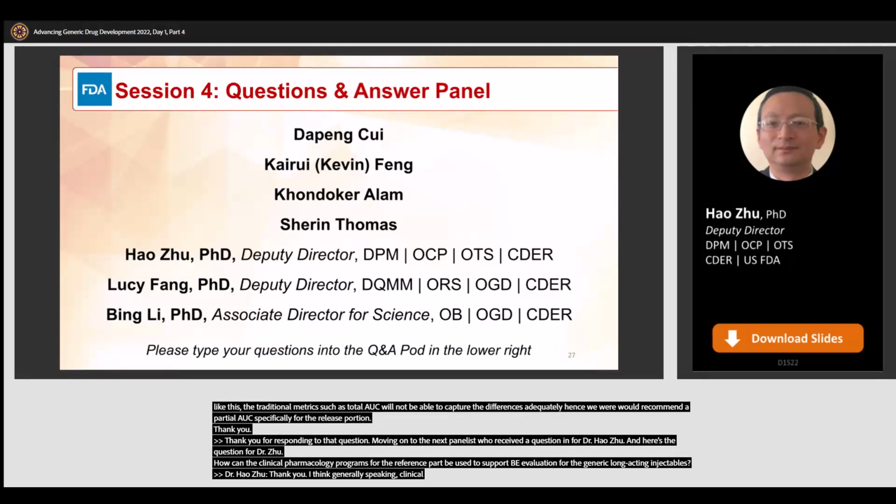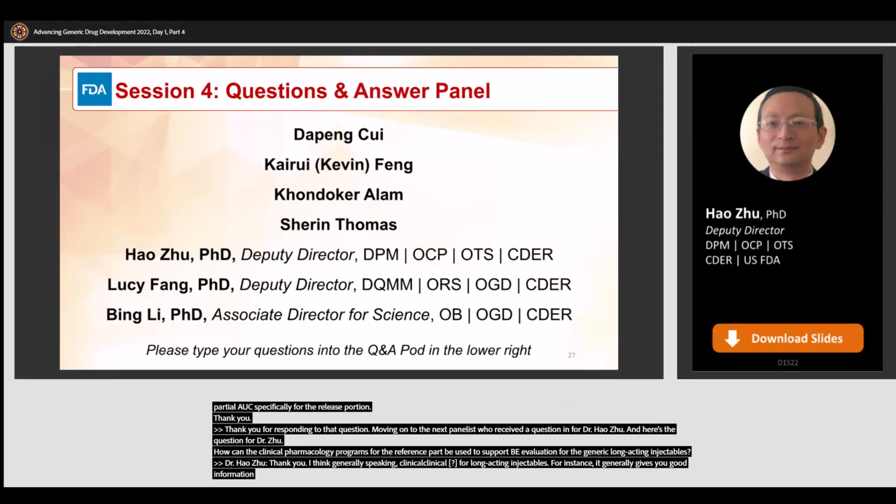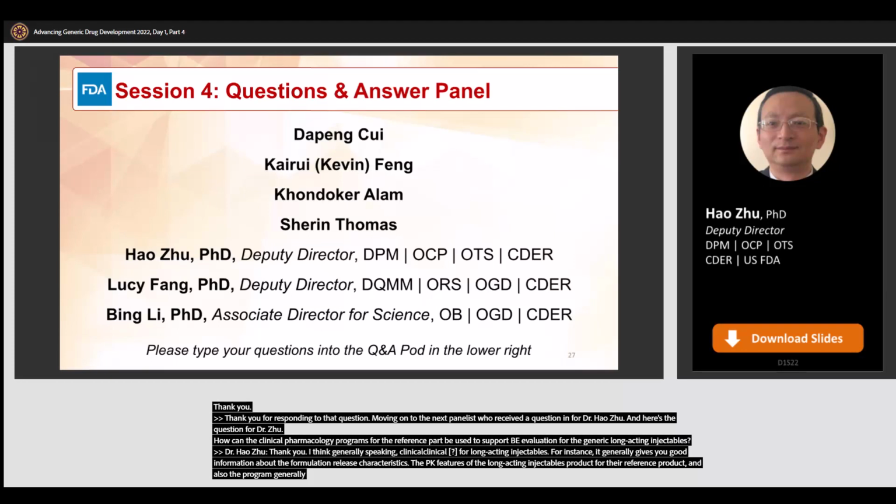For instance, the ClinPharm program generally gives you good information about the formulation release characteristics and the PK features of the long-acting injectable product for the reference product, and also provides good information about patient features or covariates, if you want to call that, that may affect the pharmacokinetic features of the product.